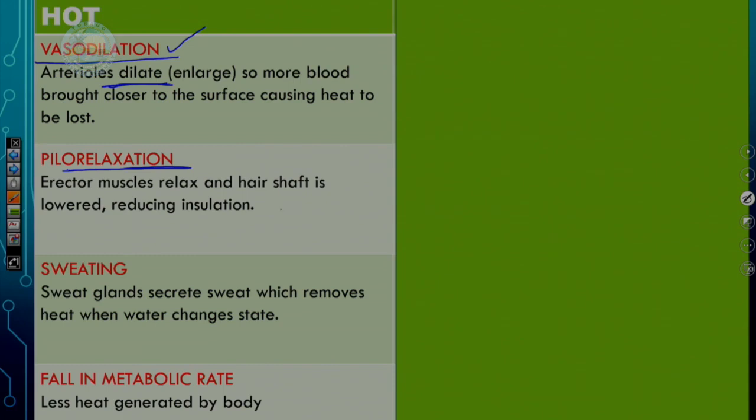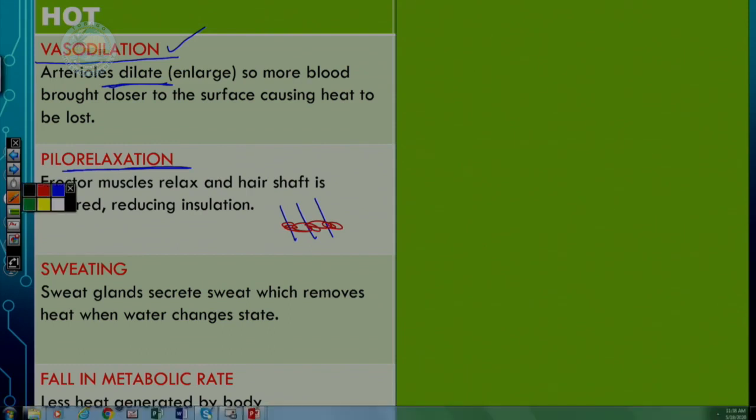If your hairs were standing up, you would have a layer of heat being trapped within the hair, and you don't want that. You want the heat to be moved away. So you're going to have the hairs lying flat, or at least flatter, so that there is no insulation, and the heat is going to dissipate.